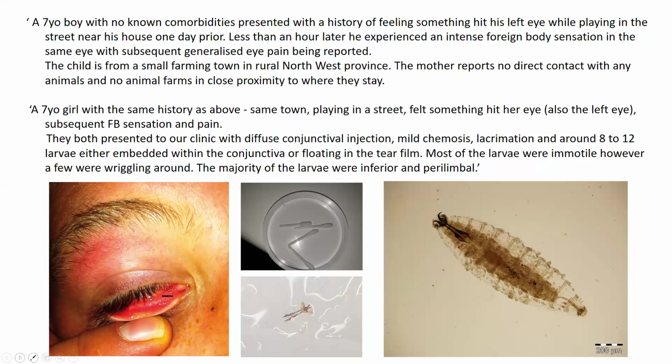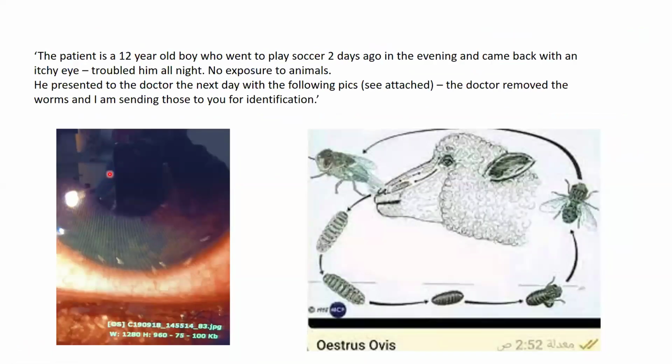So I'll tell you what the identification is in a minute, because this is another case of a 12-year-old boy, also outdoors, and something got him in the eye and presented with a number of larvae in the conjunctiva or just below the conjunctiva of the eye.